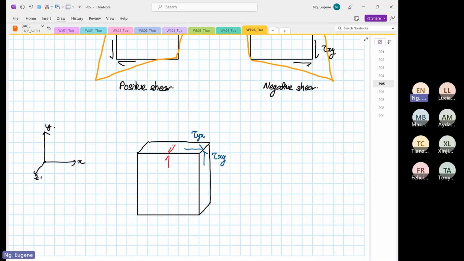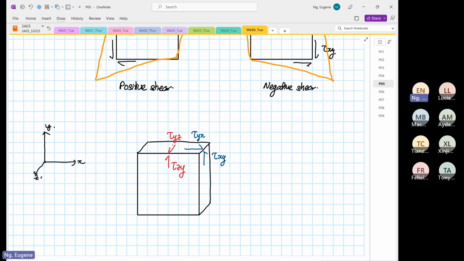Right? So this is shear. The intersecting plane is Z. The shear direction is in Y. And then over here, the intersecting plane is Y. The shear stress is coming in this direction, which is our Z.